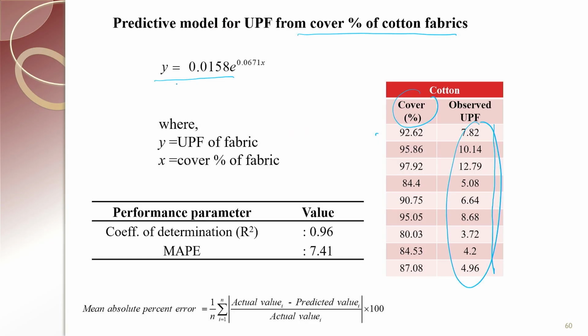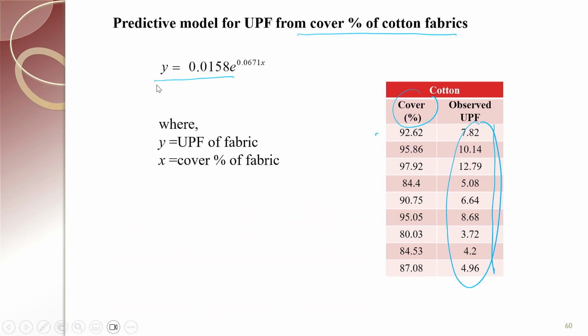This is the regression equation. Y is the UPF value, y equal to 0.0158 e to the power 0.067x, where x is the cover factor. So, if we change the cover factor, we get the changed UPF value.